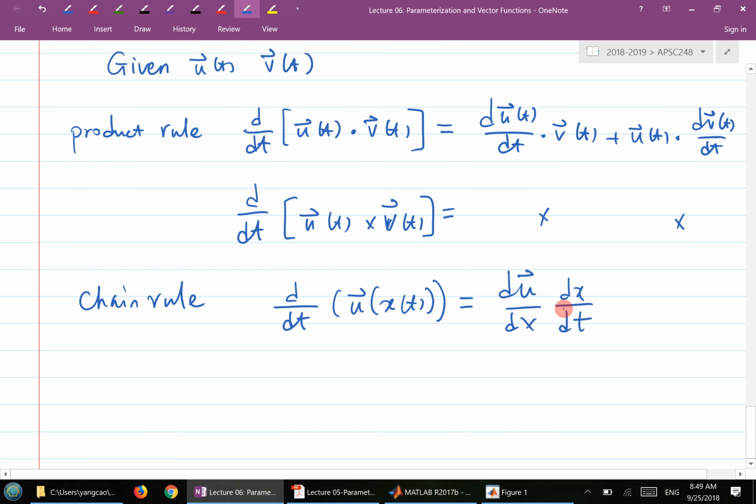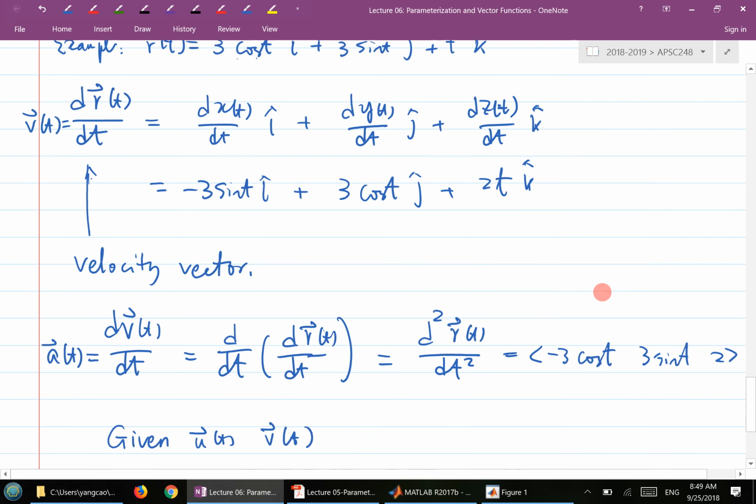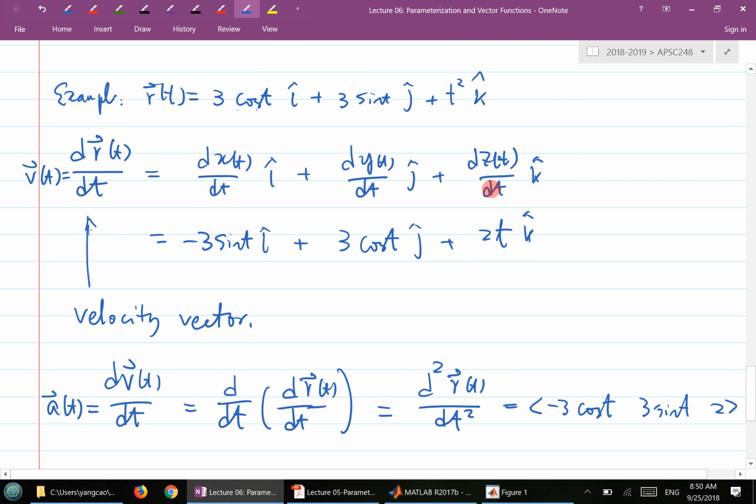This is pretty straightforward. I don't think we really need any exercise here. If you're given u of t and v of t, the rest is very straightforward calculation like what we did here. All you need is the derivative of each component of the vector.